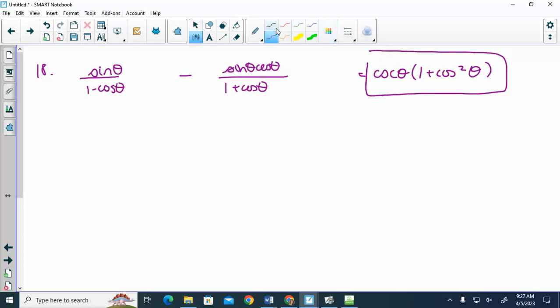Right. If you want to add or subtract fractions, what do we have to have? Alright, so the first fraction has 1 minus cosine. To look like the other, it needs 1 plus cosine on top and bottom. The second one has the 1 plus cosine, so it gets 1 minus cosine.